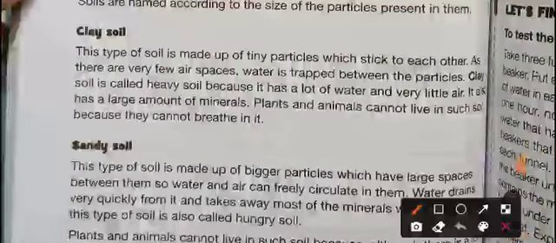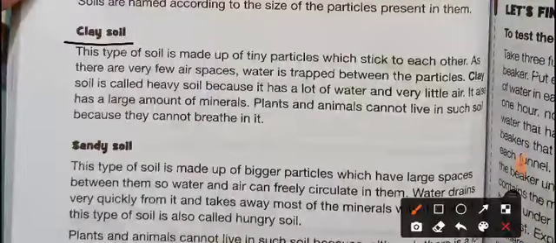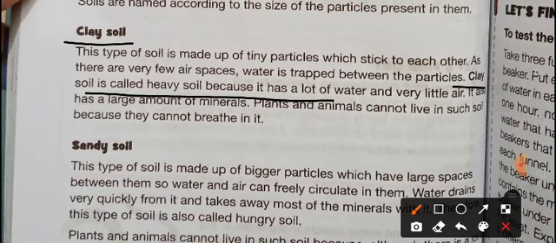First type of soil is clay soil. Clay is made of very small, minute particles. They stick to each other. Clay particles are so small that they stick to each other. Clay soil is called heavy soil because it has lots of water and very little air.